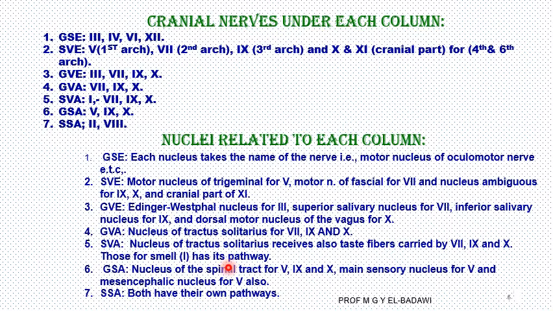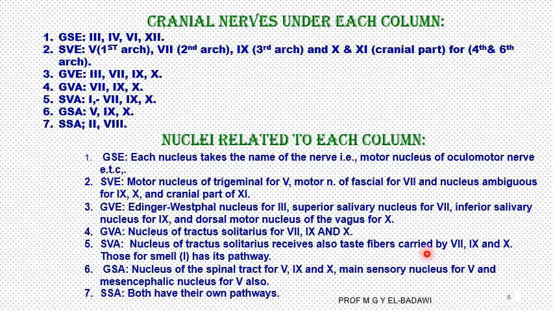Those for the smell have their own pathway. The general somatic afferent group, the nucleus of the spinal tract of the trigeminal and the glossopharyngeal and the vagus. 3 of them will come from the nucleus of the spinal tract.